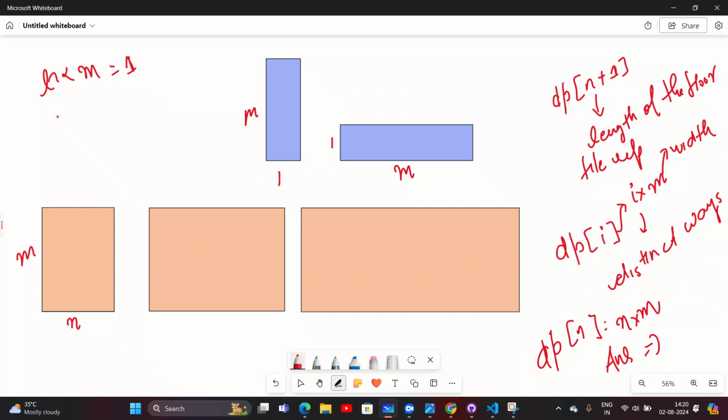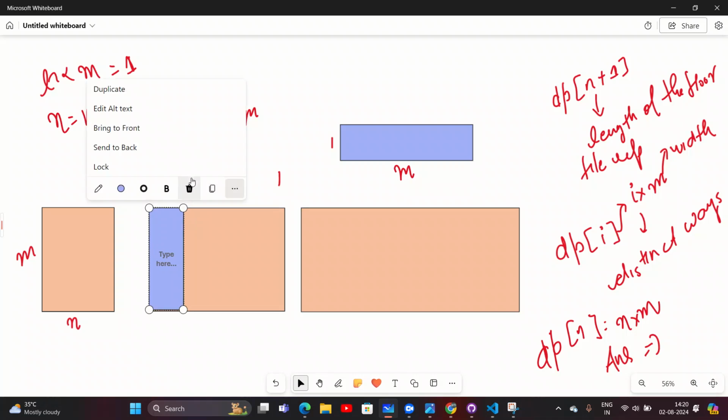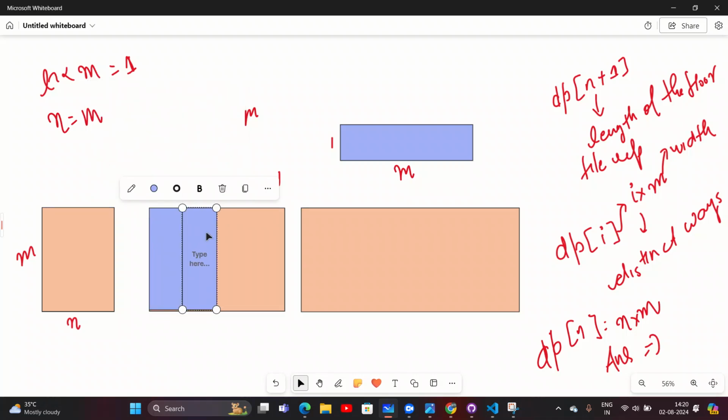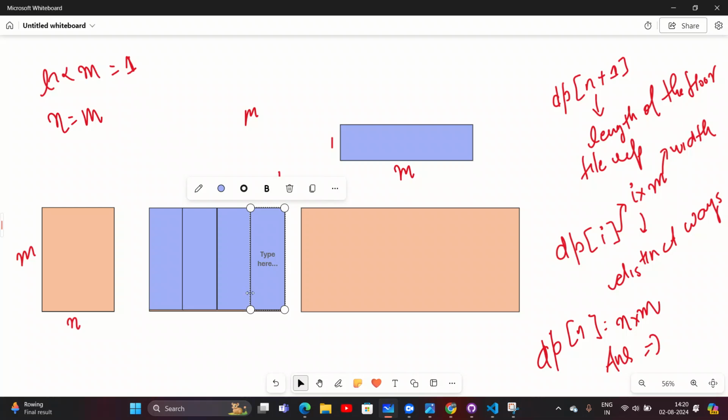Now what will happen if n is equal to m? So we'll see. We will take our tile that is placed in a vertical fashion, and we are going to try to cover our floor. If we place our tile in a vertical fashion, it is going to cover the entire floor.